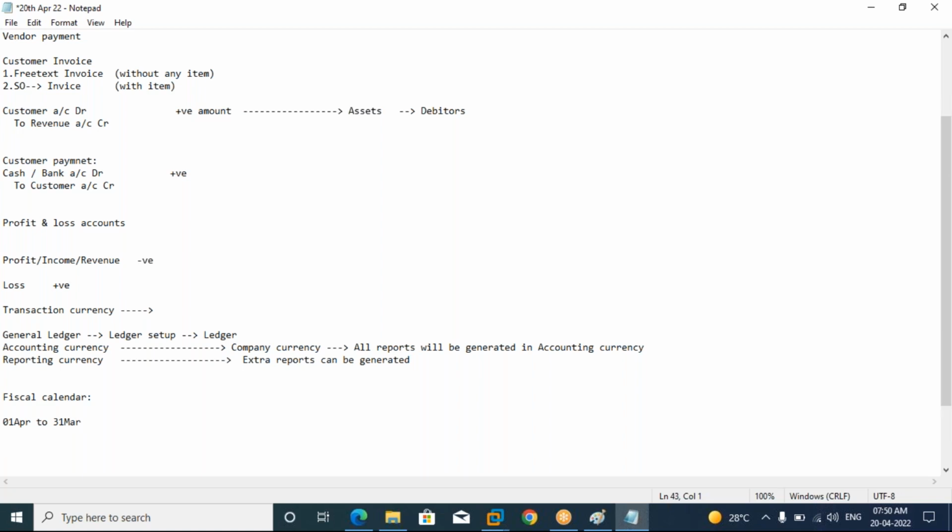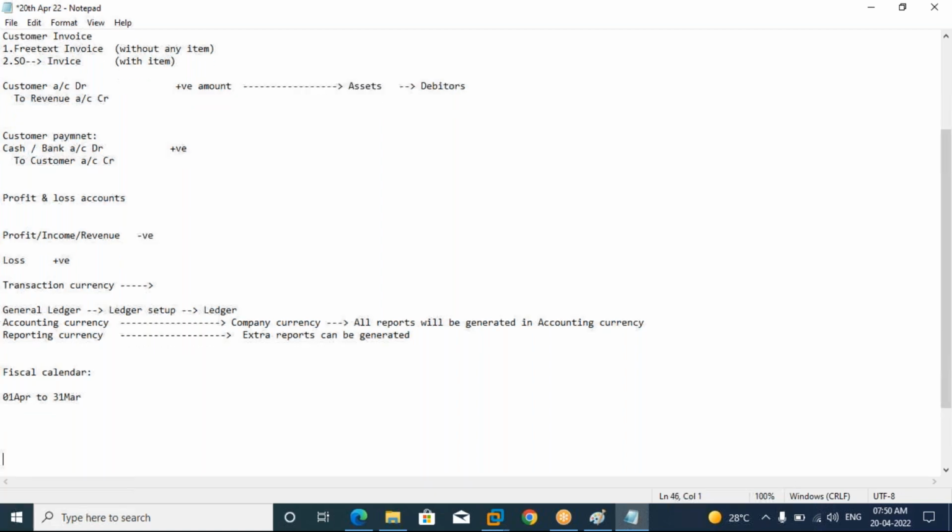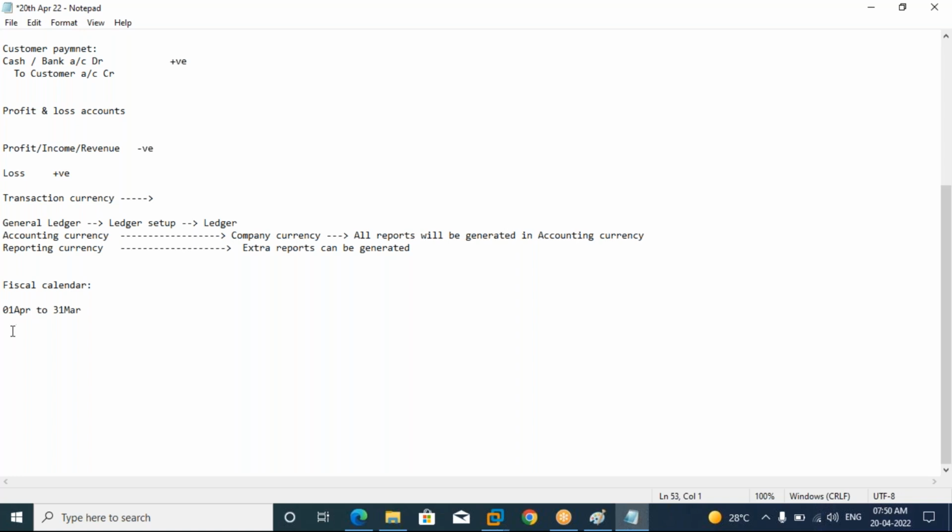So how many periods will be there? How many months? 12 months. So period 1, period 2, period 3, like this, up to period 12. Period 1 means 1st April to 30th April.